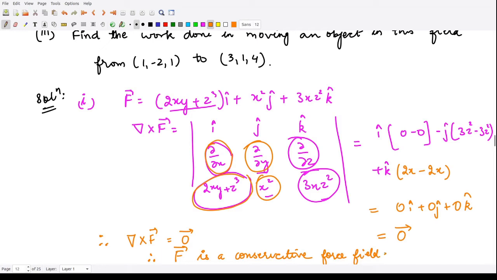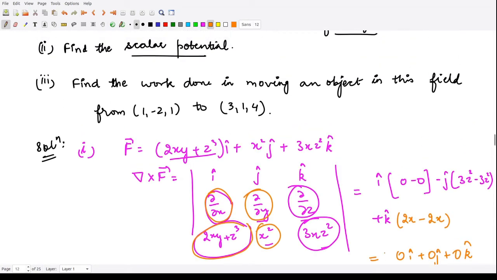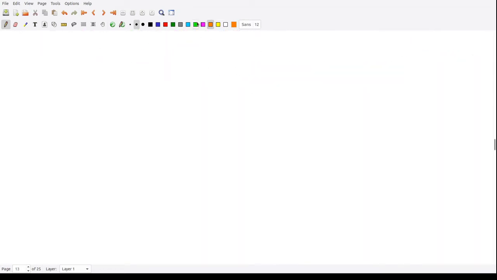For the second part, we wanted to calculate the associated scalar potential. Now if you remember the definition for scalar potential, what is that? We knew that if F is a conservative field, then we can write it to be the gradient of some function phi, which is the scalar field, and this phi is known as the scalar potential.